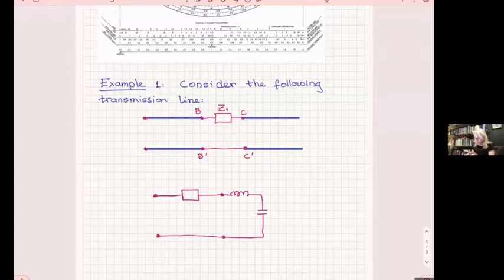Now, we do it like this, all right? That's how we write the circuit, and then we put here the source. This length means nothing. There is no physical length associated with it. So this point A and this point A prime are identical. We just have to physically lay it out like this. You got that, all right?